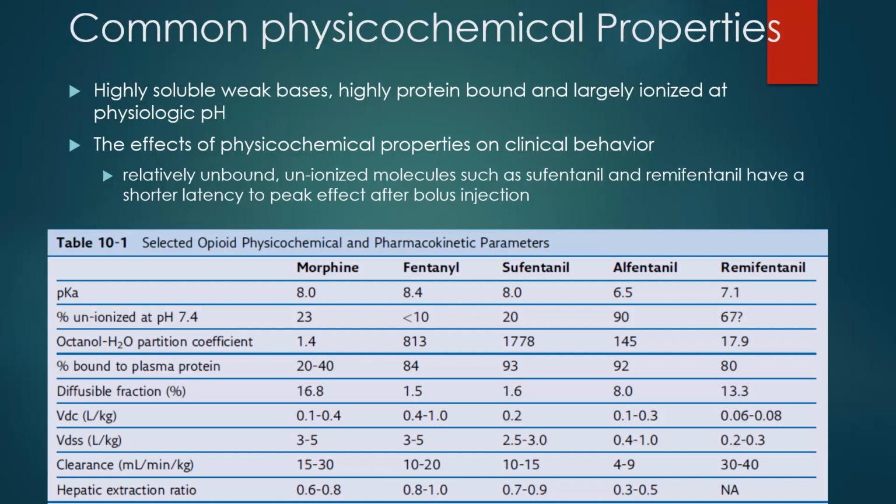Opioid physicochemical properties determine what they do clinically. For example, a relatively unbound, unionized molecule like remifentanil has a shorter latency to peak effect after you give a bolus. So, what does that mean? It just means that it has a quicker onset because more of the drug is available and can travel to the site of action.